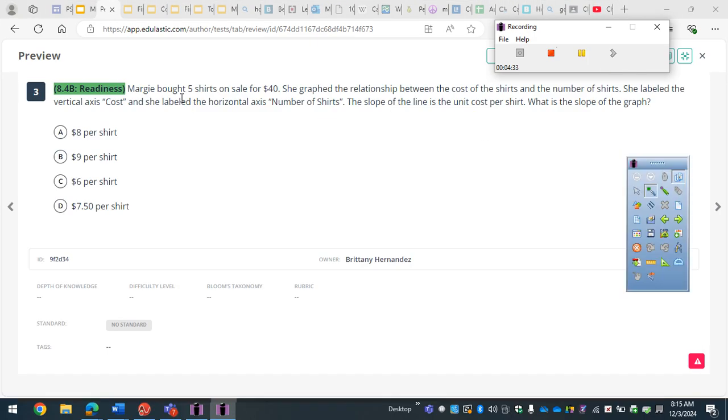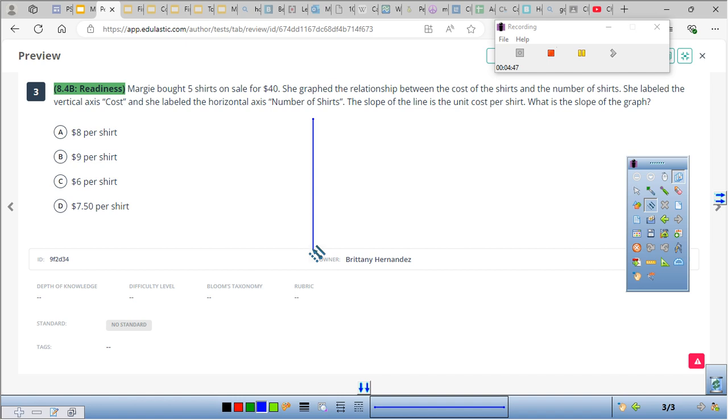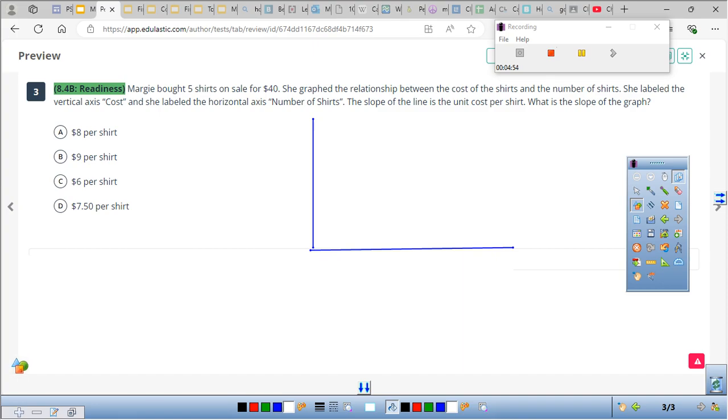Okay, on this one, it says for $40, she graphed a relationship between the cost of the shirts and the number of shirts, and she labeled the vertical axis cost. Let's start doing that. This is the unit rate, so that's pretty easy.